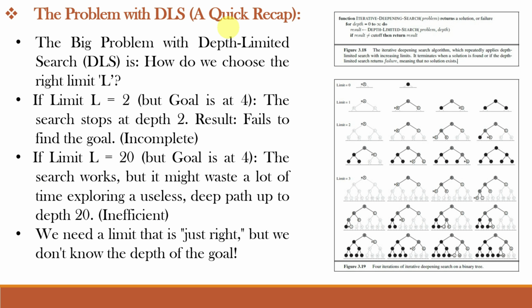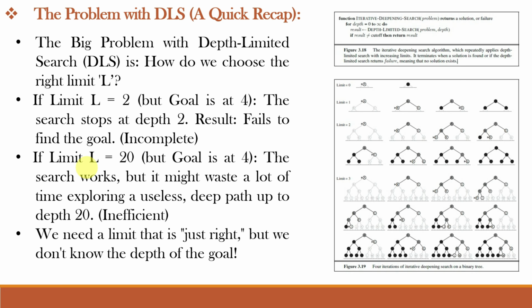Let us quickly recall the main difficulty we faced with depth limited search. We always had to choose a depth limit capital L. If we set the limit too small, like 2, but the goal is at depth 4, the search would stop early and fail.